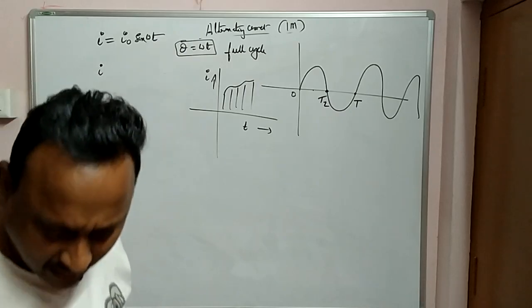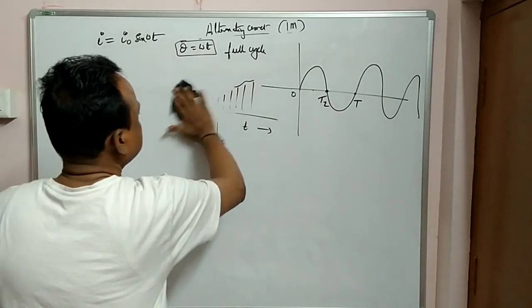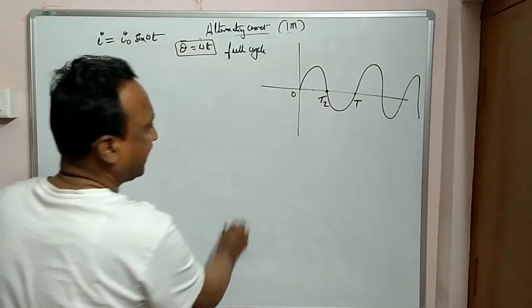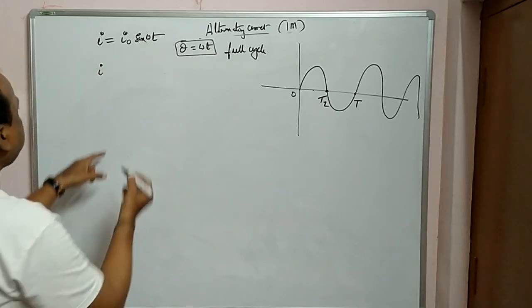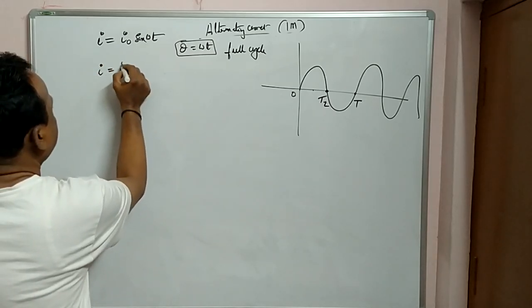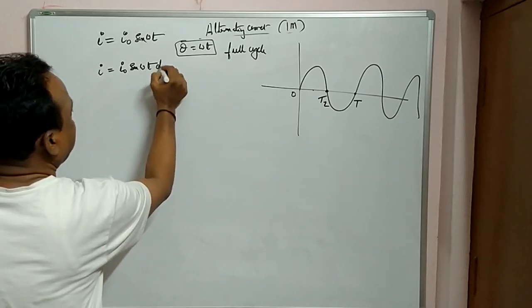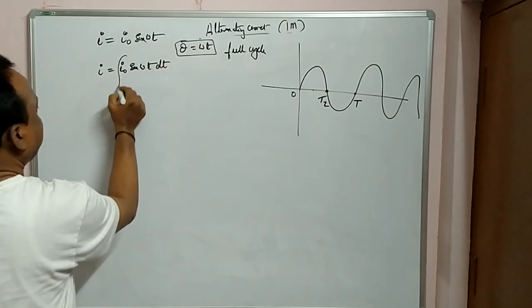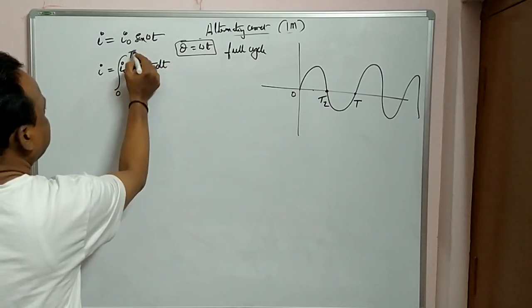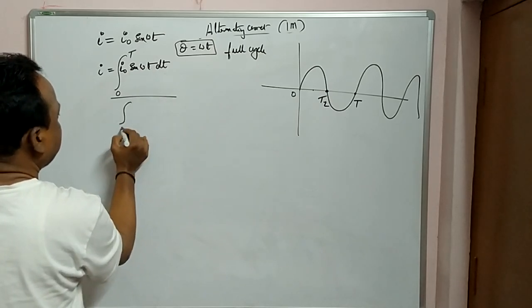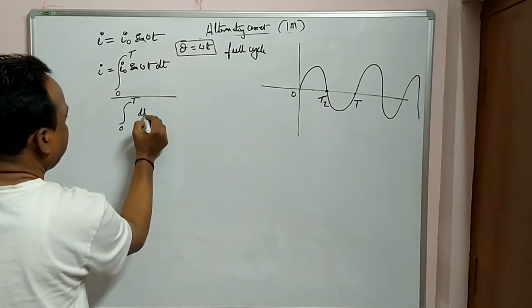Now what I will do is I'll try to integrate. So what is the function here? I is equal to I0 sin omega t, dt, integral over the full cycle, 0 to T, divided by integral 0 to T of dt.